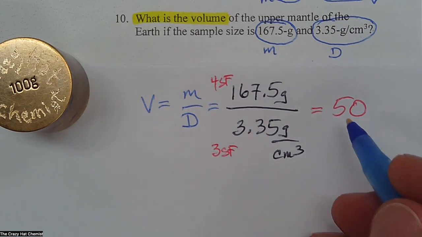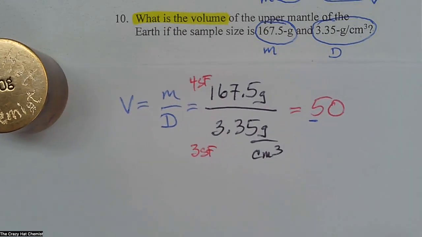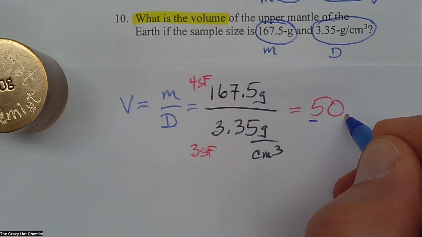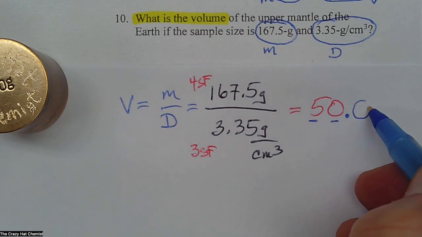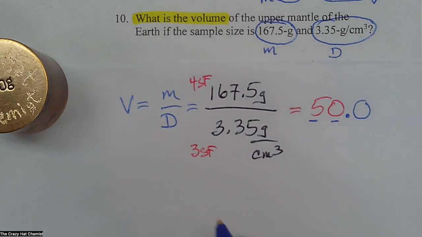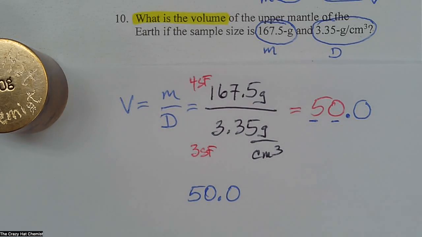So right now, this number 50 has only 1 significant figure because that's a trailing zero that does not count because there's no decimal in it. So how do I make there 3 significant figures? Well, if I put a decimal right here, now this trailing zero counts. I want 3 significant figures, so I'm going to have to add another 0. Perfect. So I'm going to have the number that's rounded correctly with 3 significant figures as 50.0.